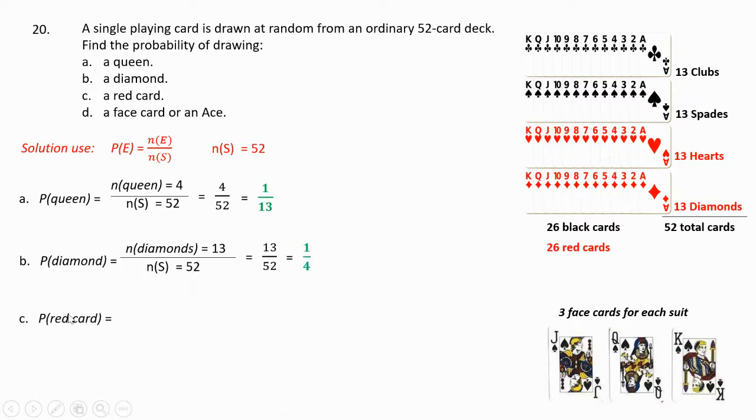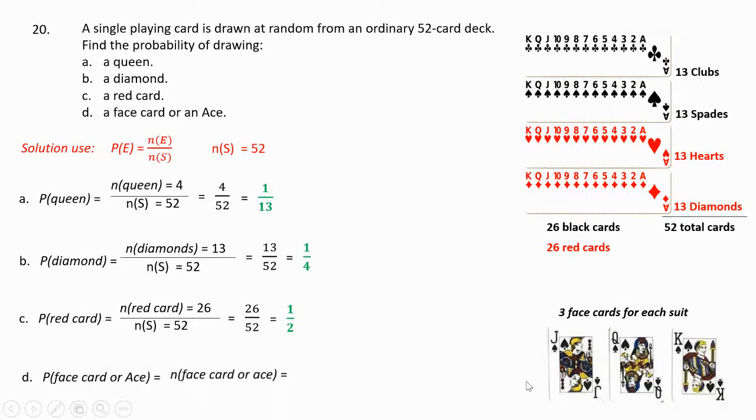For C, the probability that you choose a card that's red. There's 26 reds and 26 blacks, so it's 26 over 52, which equals 1/2. Now for D, a face card or an ace. How many face cards are there? We said there was 3 in each suit, so 3 times 4 is 12.